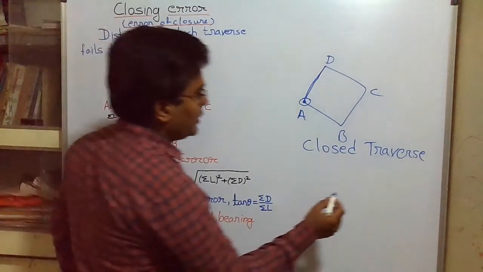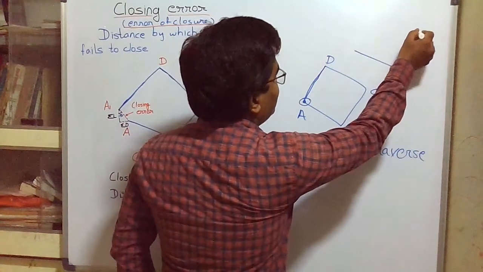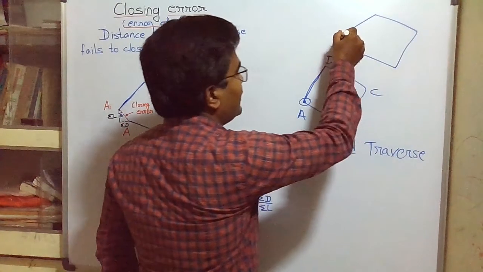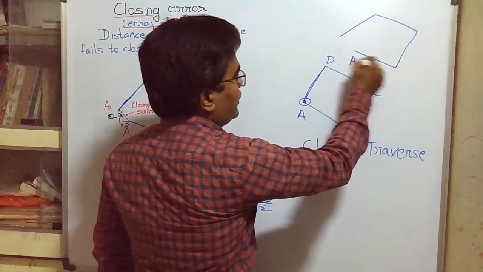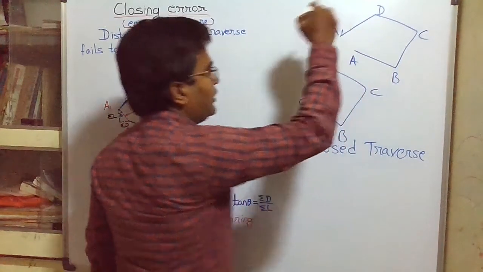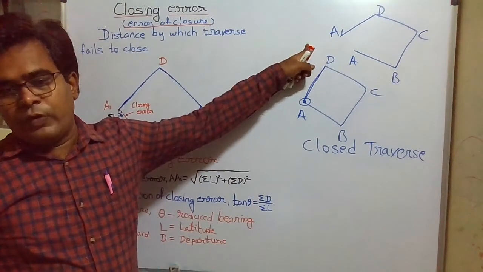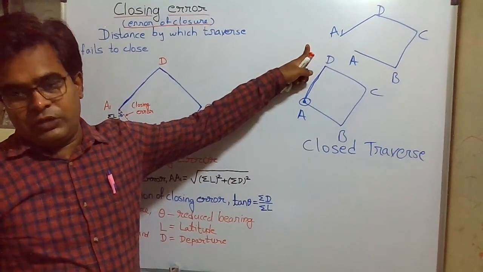It will take a form like this: A B, B C, C D, and it will go like here A B C D, and here as A1. So it does not close when we actually plot on the sheet.